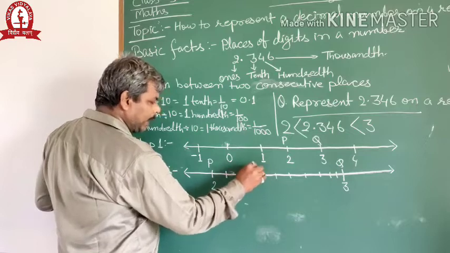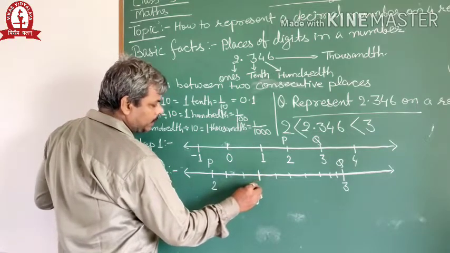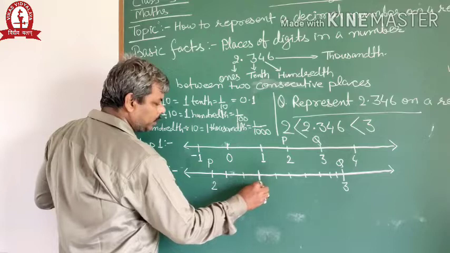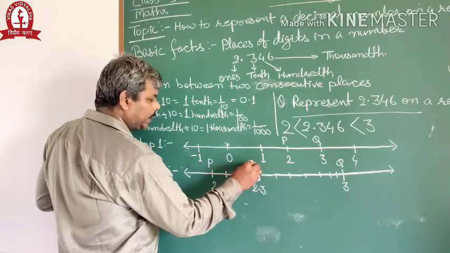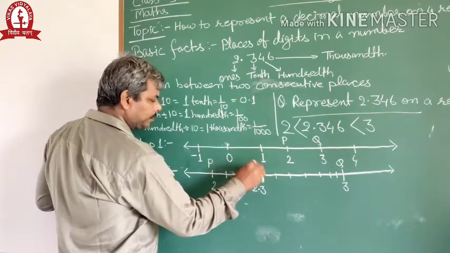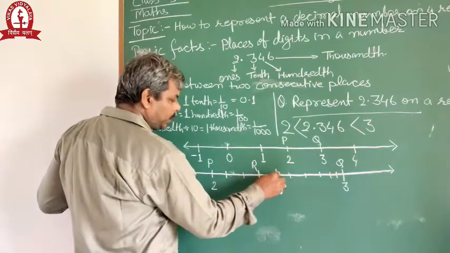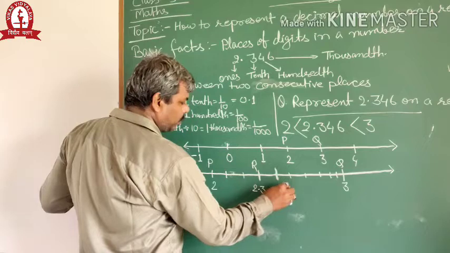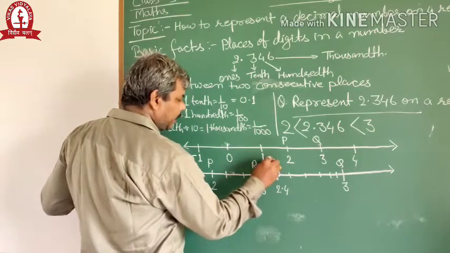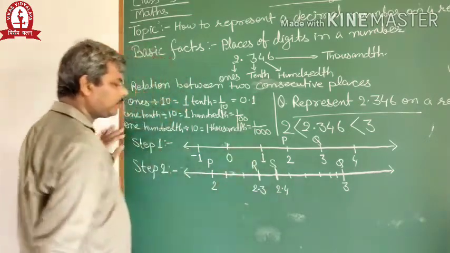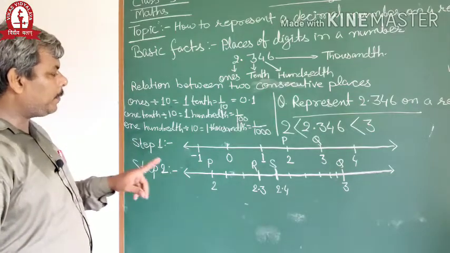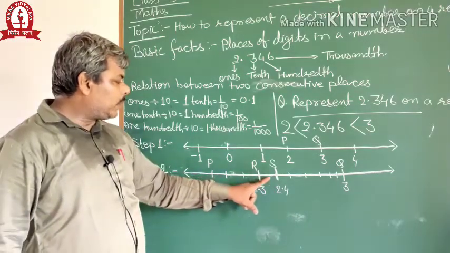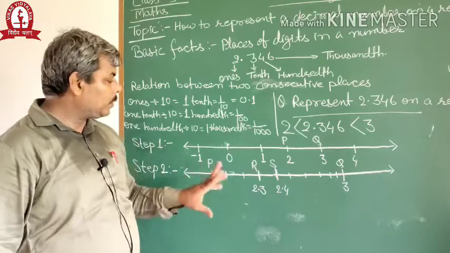It ends at this point, mark it and write here 2.3 and name it R. And the next point is 2.4 and name it as S. Okay, this is 1/10 distance.